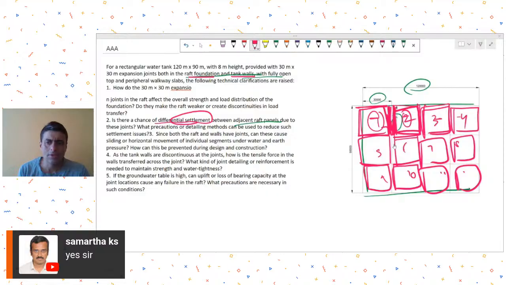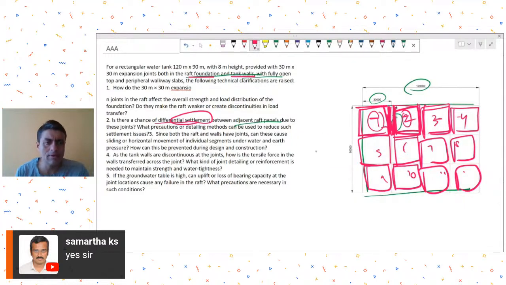So you just review this at your own end once, whether you really want to provide expansion joints, because I don't think it can be provided in such structures. And if at all you want to provide expansion joints, then you need to have independent units like this.